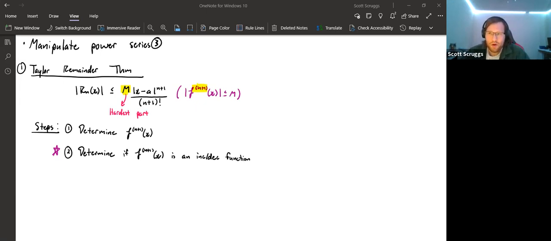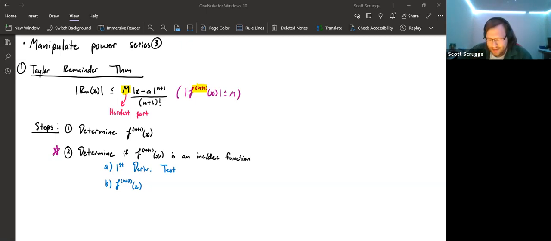That's going to be one of our goals to help us figure out what will be a good candidate for M. The best way to get that is by using the first derivative test, which means I'll have to take one more derivative. So if I already took the n plus 1 derivative, I'll need one more derivative.